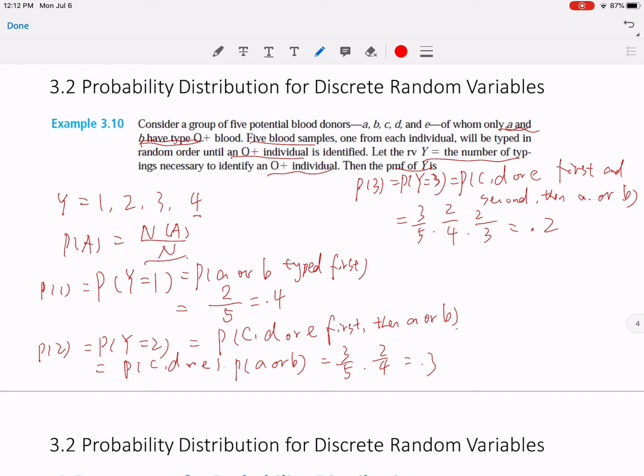And then let's take a look at P of 4. That means the probability of y is equal to 4. And then that would be equal to the probability of, say, C, D, or E all done first.